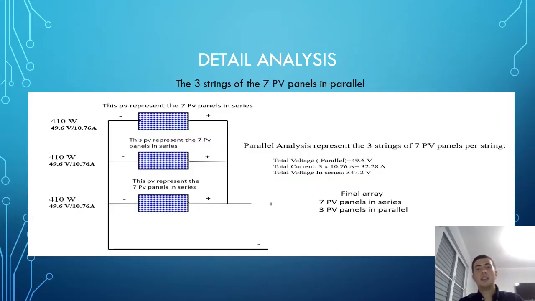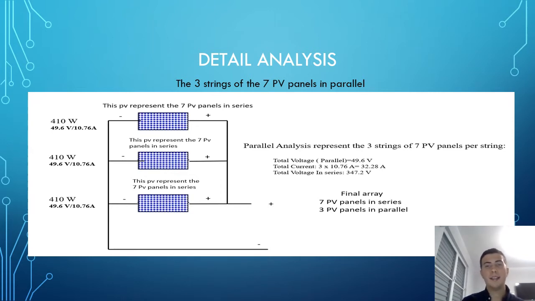And now we have these 3 strings of the 7 panels in parallel. Here we have the capacity of the panel, and 1 PV represents the 7 PV in series, and 3 in parallel, where we have the total voltage in parallel that is the same.